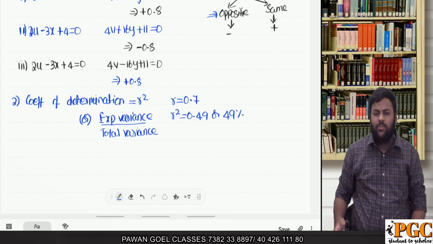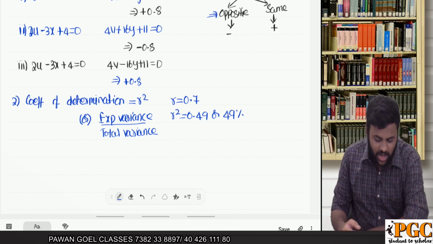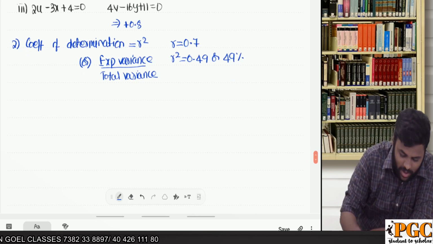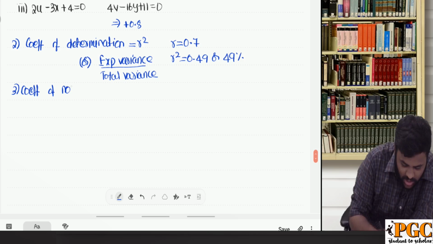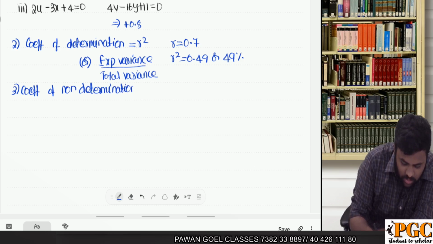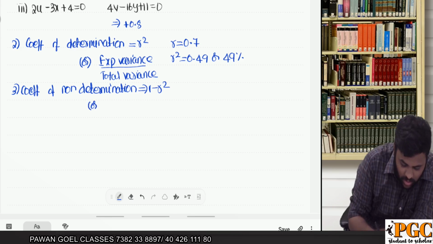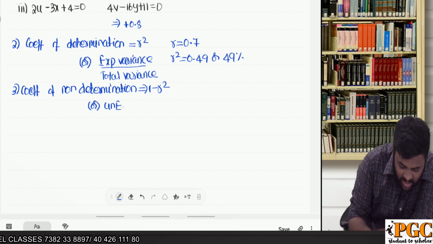Okay. So, what is the formula for coefficient of determination, my dear friends? R square. Next, third point, coefficient of non-determination is supposed to be 1 minus r square, or unexplained variance divided by total variance.